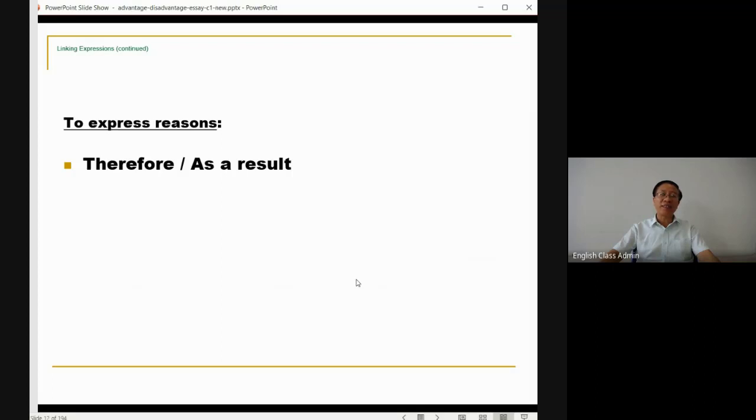Another way to explain or give justification is to express reason. So you can use therefore, as a result, for this reason. You can use words like as or since with a clause.